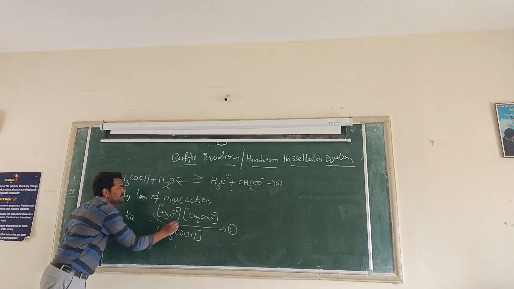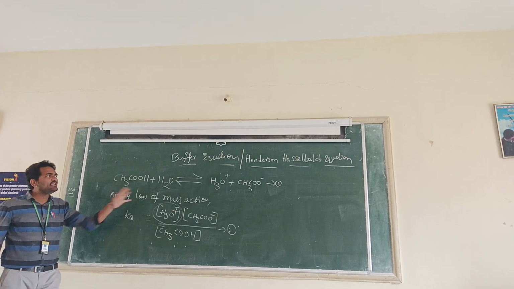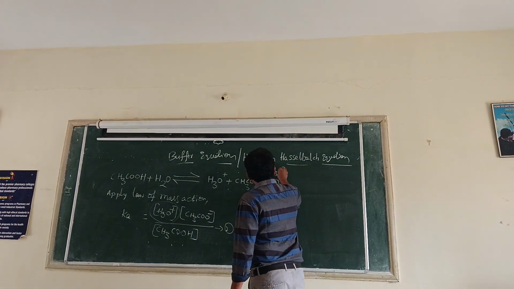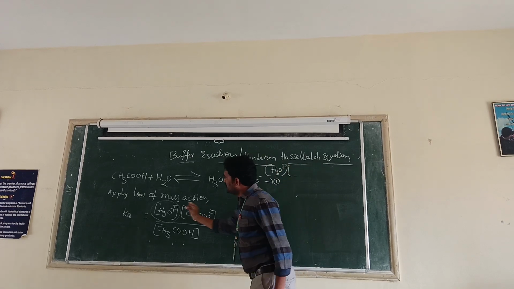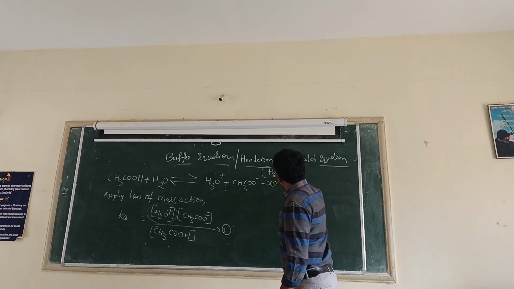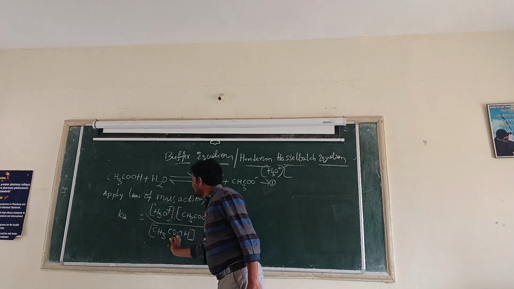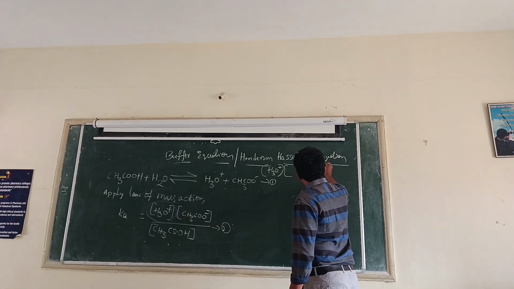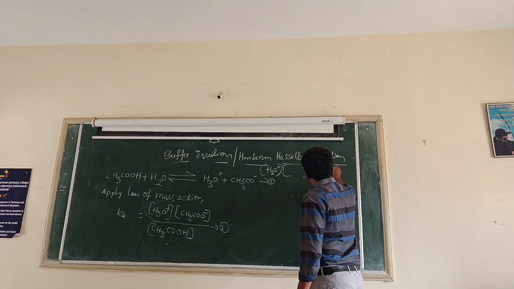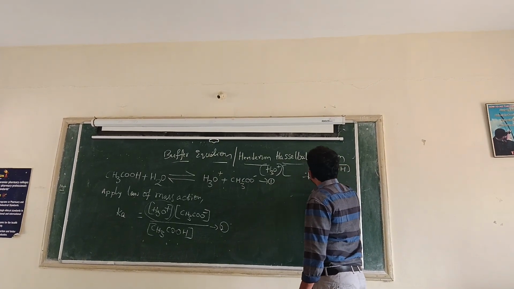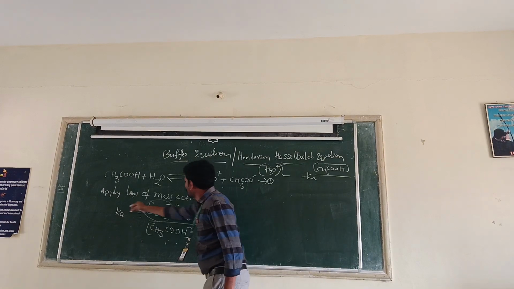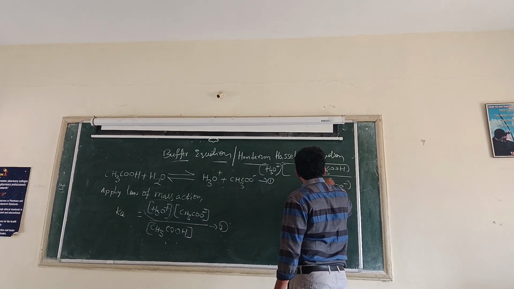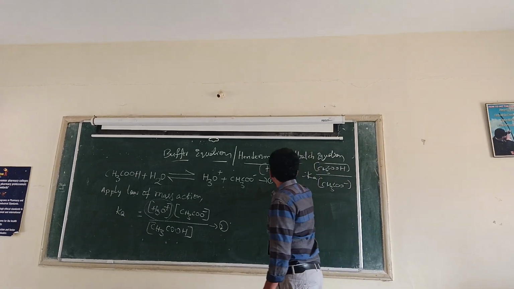So take this H3O+ aside, and see how the equation changes. H3O+ is multiplied with Ka, and CH3COOH will come over here, and CH3COO minus will be in the denominator part.